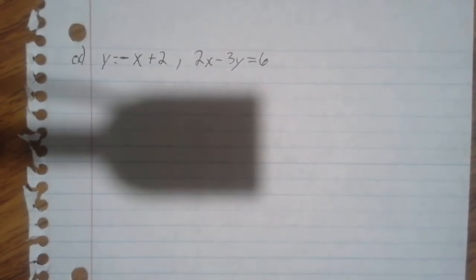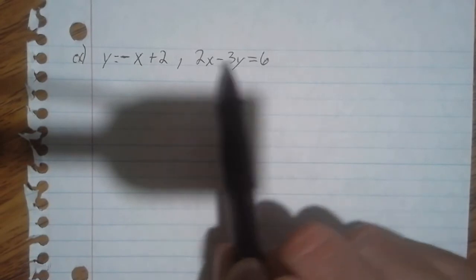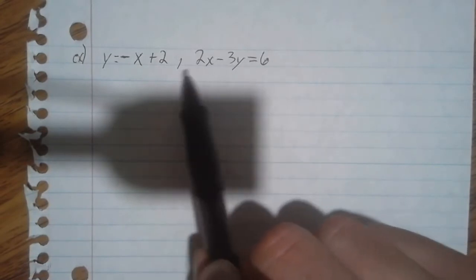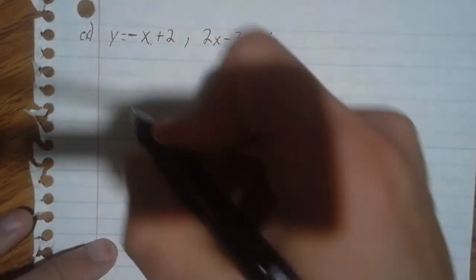Same idea, we're going to graph both of these, put them on a graph, and then see where they cross. You can see this one is set up in slope-intercept, and this one's set up in standard form, so we'll solve this by slope-intercept and this by x-y intercepts.